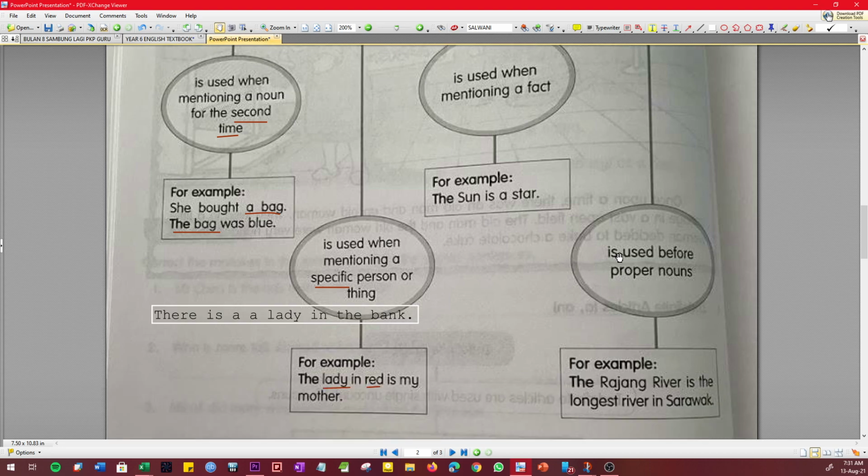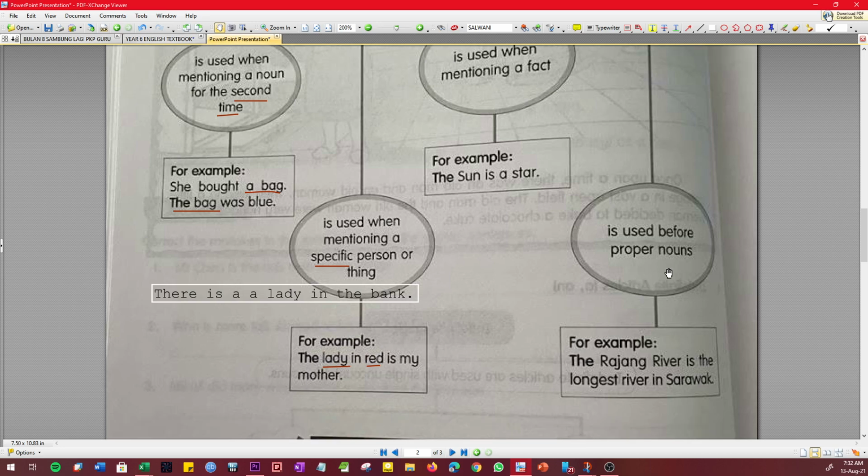Next. Is used before proper nouns. Proper nouns kata nama yang huruf besar. So nouns, how many type of nouns are there? Nouns can be divided into 3 categories.